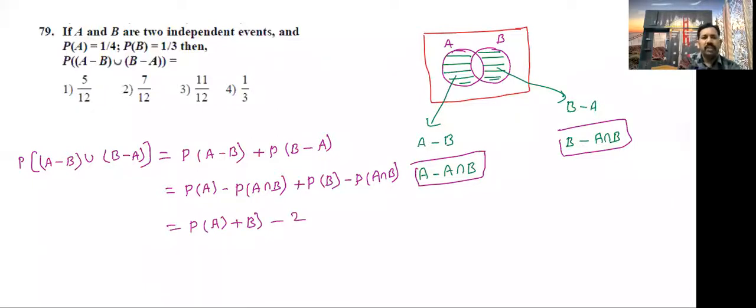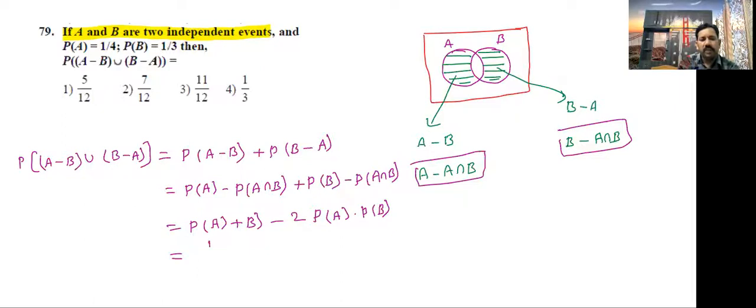But see the question, read the question. A and B are two independent events given. So P of A intersection B, what can we write? P of A into P of B, because A and B are independent events.